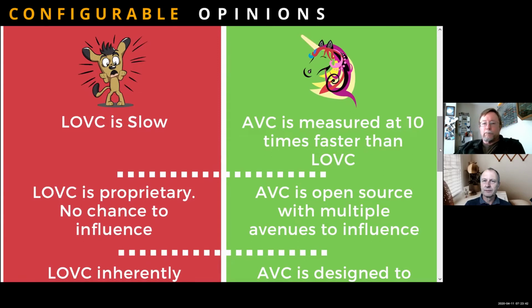LOVC is proprietary, meaning it's something that SAP developed from the ground up. SAP owns it, and the only way you can influence anything is through SAP, and let's be blunt, they haven't wanted any influence on the LOVC for 20 years. The AVC, on the other hand, is an open source constraint engine.